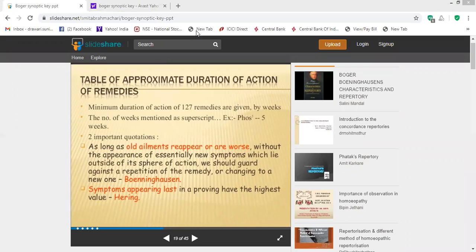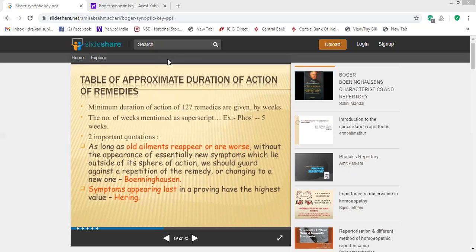So we should guard against a repetition of the remedy or changing to a new one. This was advised by Dr. Boenninghausen. The symptoms appearing last in a proving have the highest value. It was given by Dr. Hering.